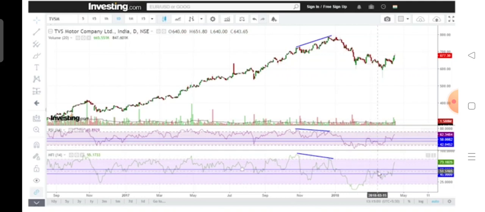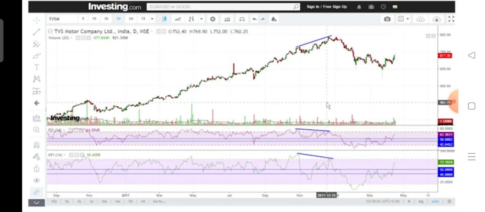The MFI came close to the 55 level a second time, which was a very good shorting opportunity even after this down move, from this 650 odd level to 560 odd level. So not only this point, the MFI provided this point too.